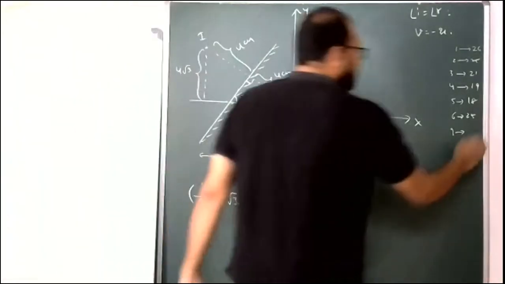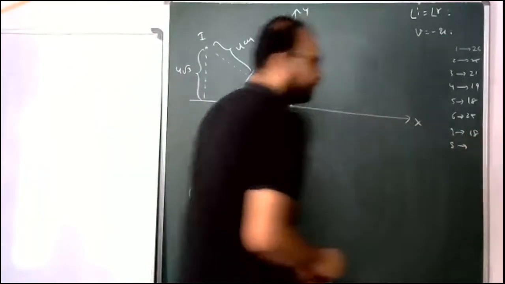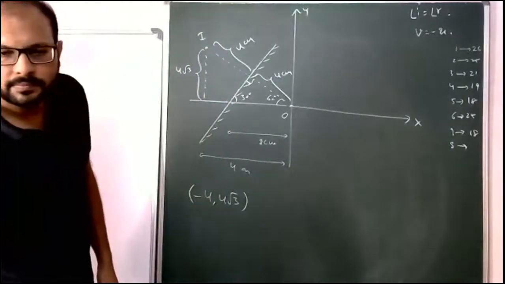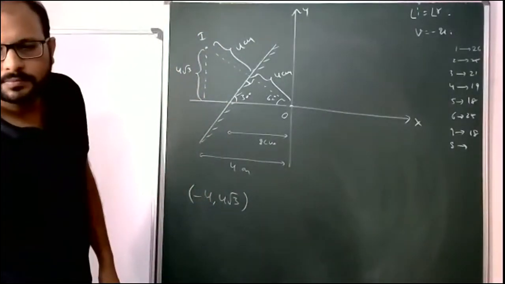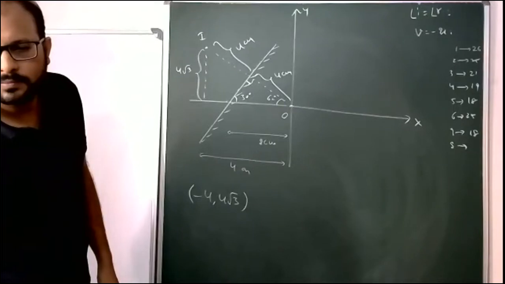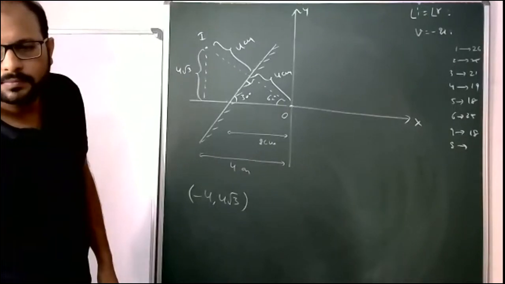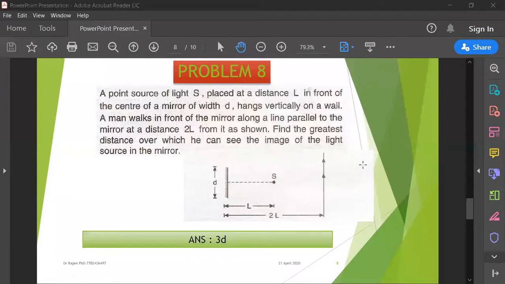Yes, now move to another question. Yes, so students, now come to problem number 8. A point source S is placed at a distance capital L in front of the center of a mirror of width d that hangs vertically on a wall.